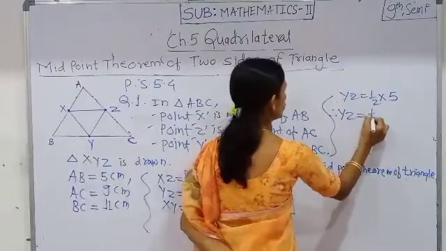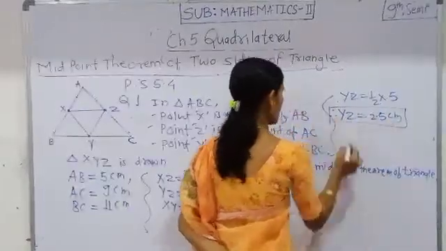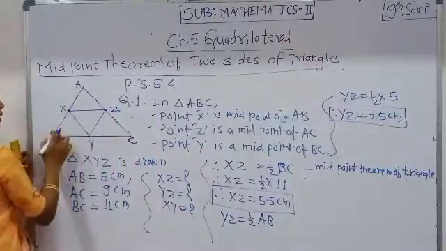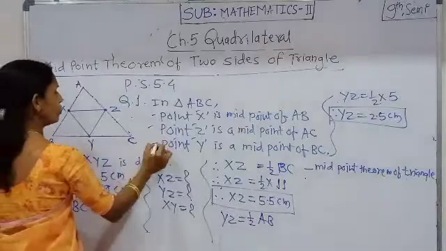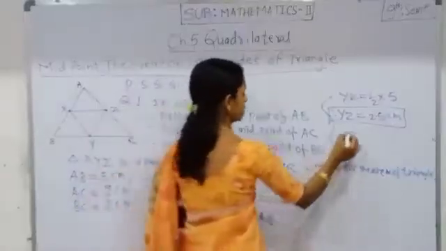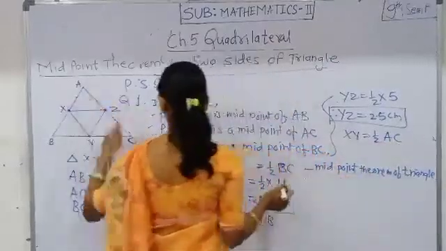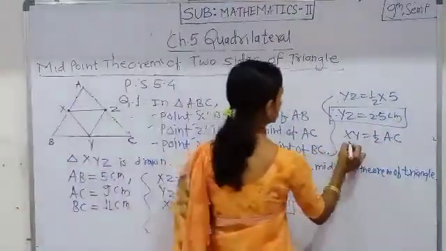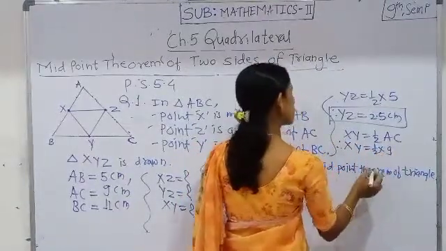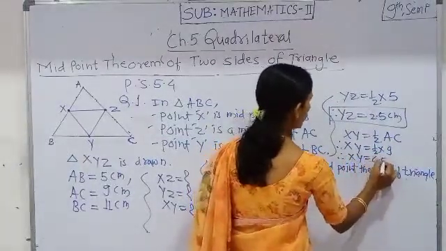Therefore YZ is equal to 2.5 centimeter. As well as here X is the midpoint of AB and Y is the midpoint of BC. Therefore XY is 1/2 of AC, and AC is given as 9 centimeter. Therefore XY is equal to 4.5 centimeter.